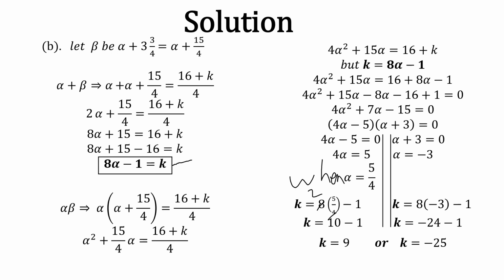When alpha is equal to minus 3, k is equal to negative 25.